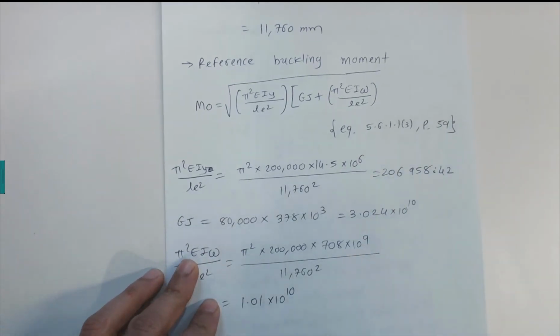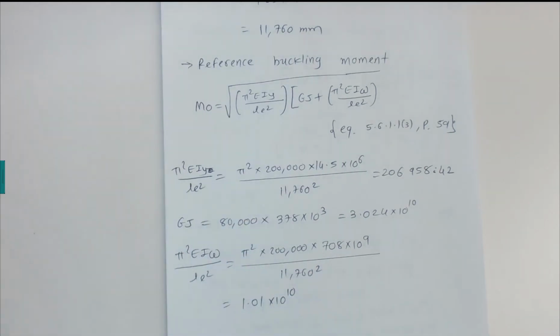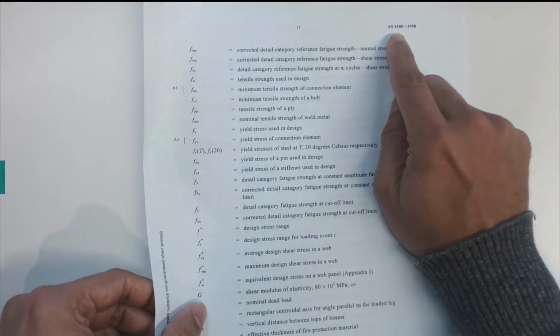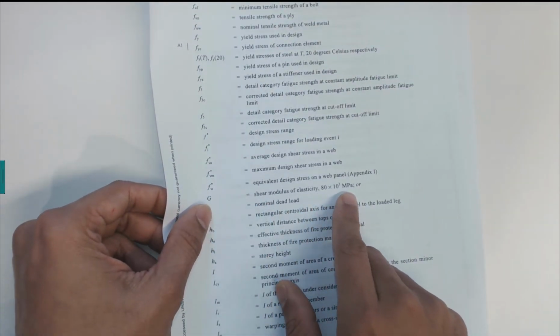We need to be careful here in the calculations. Now G is the shear modulus, again taken from the Australian Standard. On page number 15 of AS 4100, we have the G value, the shear modulus of elasticity, 80,000.